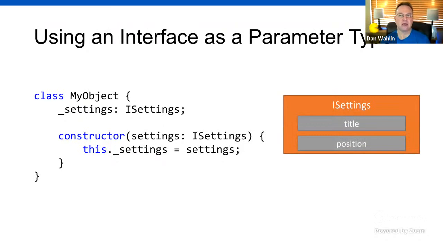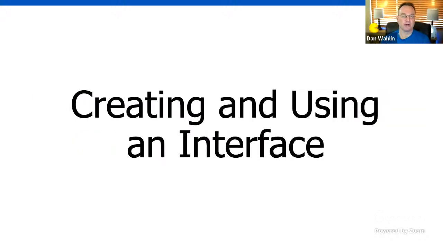Well, if I told you that, hey, over here, there's a document that has a title and a position in it, and that's what you're allowed to pass, those two properties. Well, now it's very clear that when I use my object, I need to pass in some type of object, like an object literal, that has a title and a position. And I can now pass that in and we could do something with that. All right. So it makes it more clear what we should pass.